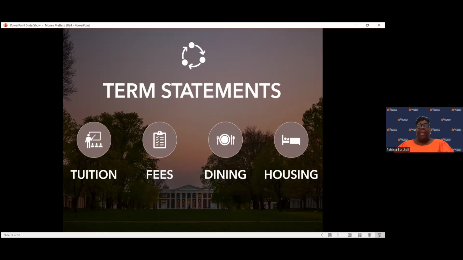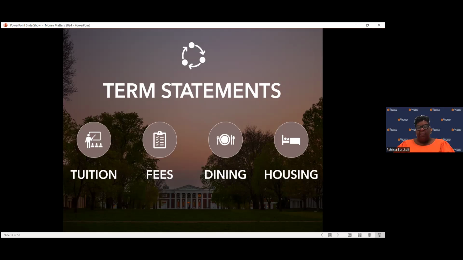Fees could be a health related fee, a book fee, a comprehensive computer fee, and then there will be dining and housing fees for first year entering students only.